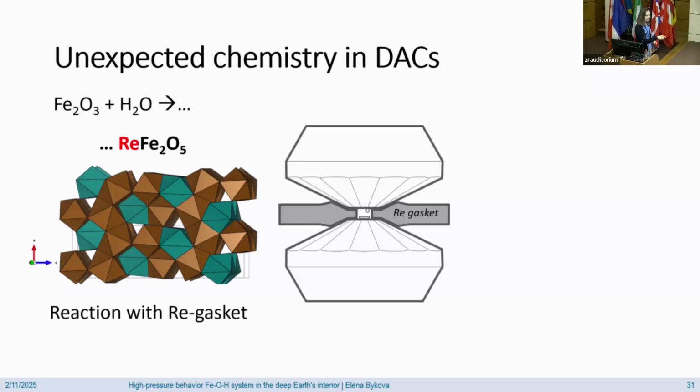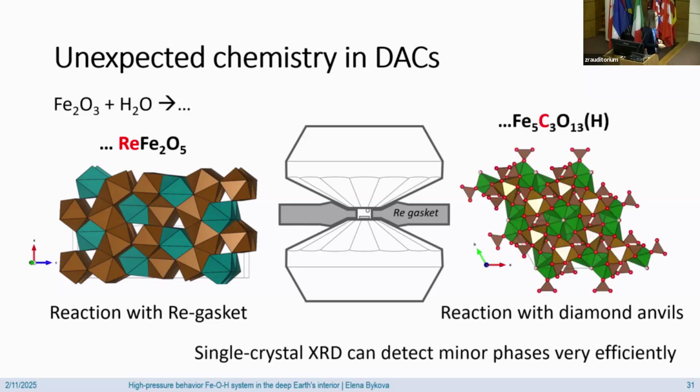We have this metal foil, and the water, since it's a nice solvent, also brought some rhenium there, and we can get some mixed iron oxide. And the carbon from the diamond also likes to react. So in addition to this oxide, we have a new iron carbonate here, also hydrated. That can be a possible water carrier.